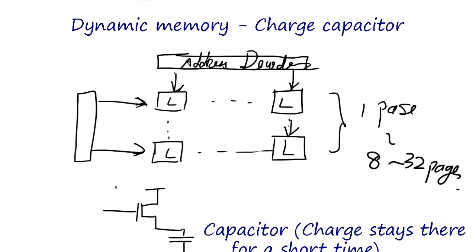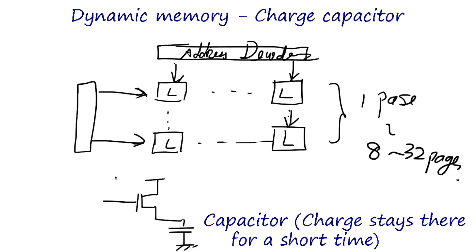Most CMOS devices use dynamic memory, and dynamic memory is the same as a latch, but for each one you charge up a capacitor. If the capacitor has charge, then it acts as 1 or 0. If the charge is discharged, then 0 or 1.